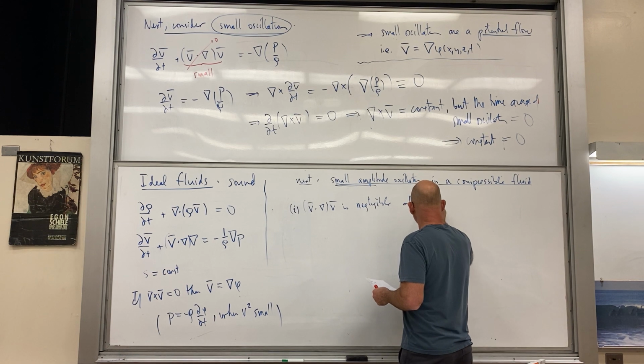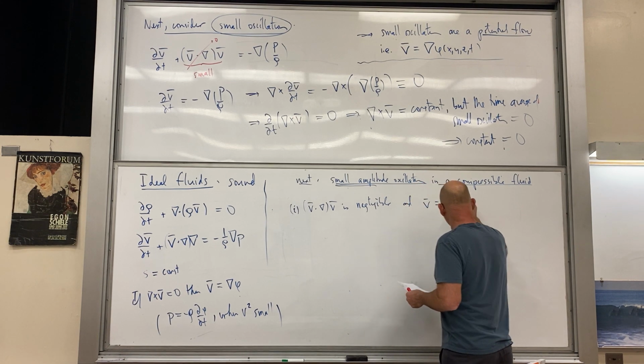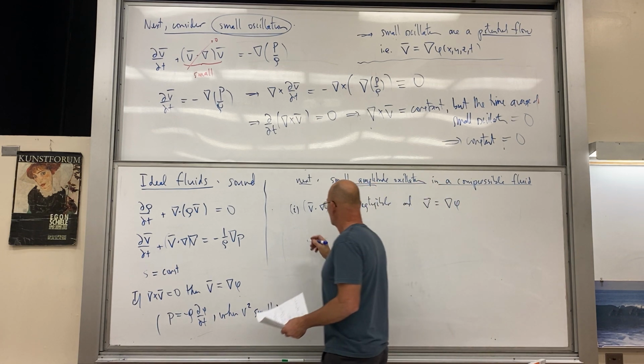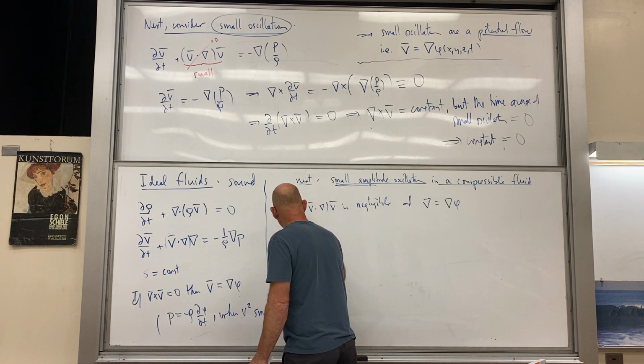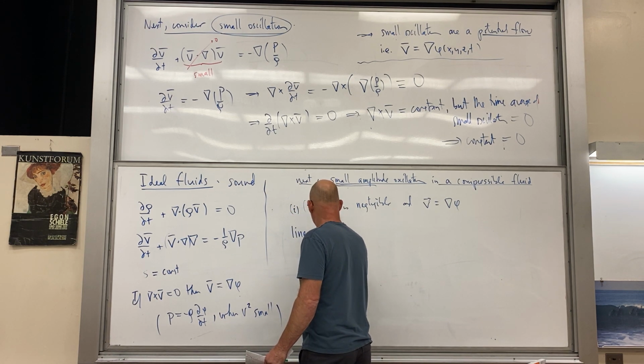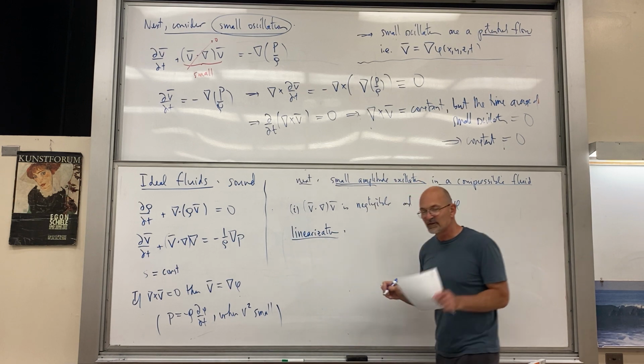And v is equal to the gradient of phi, which we'll end up using. So the linearization is going to proceed as follows.